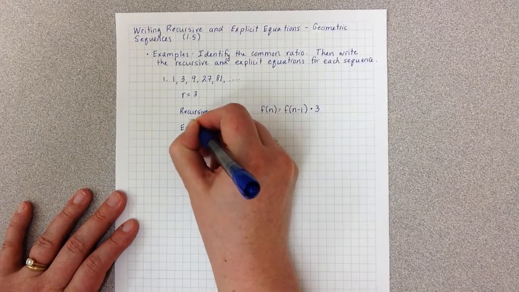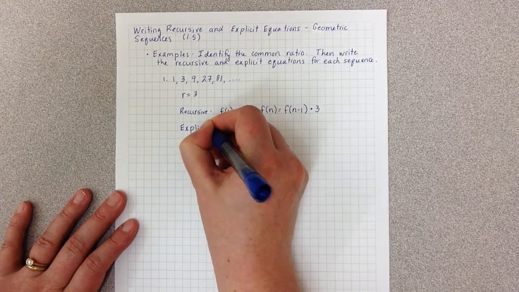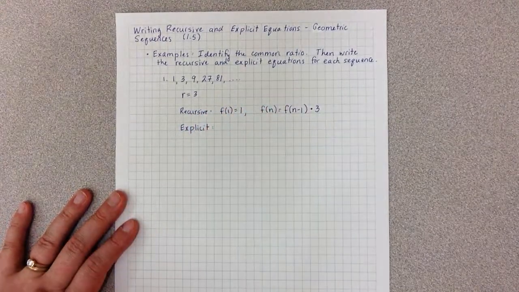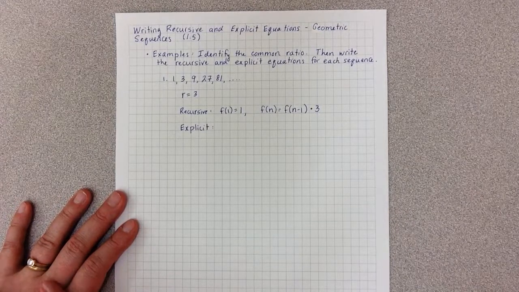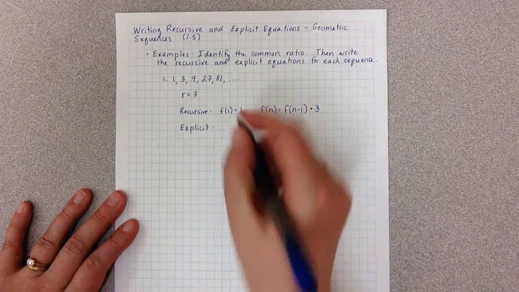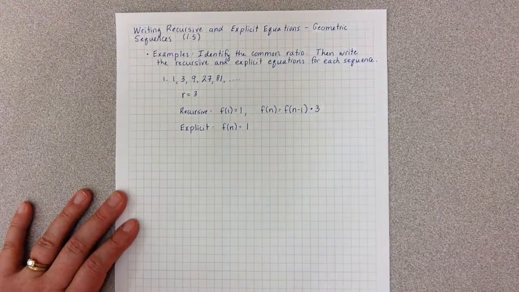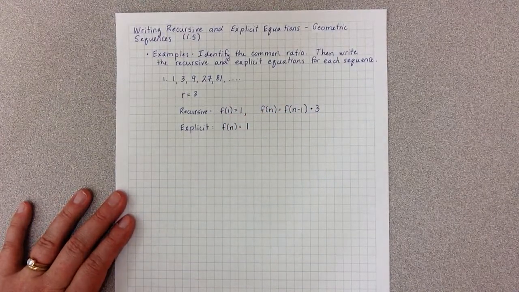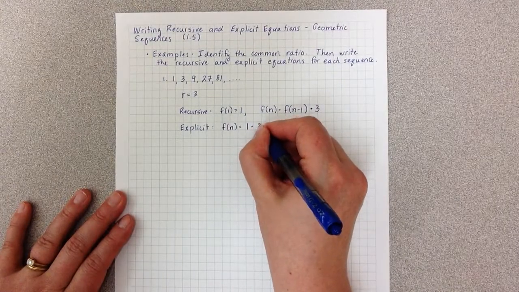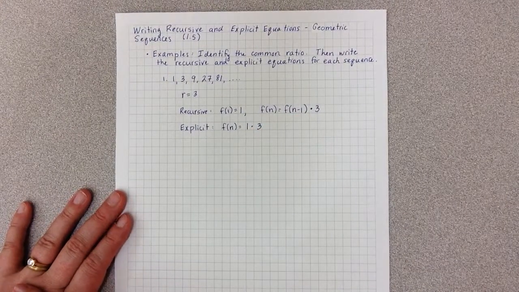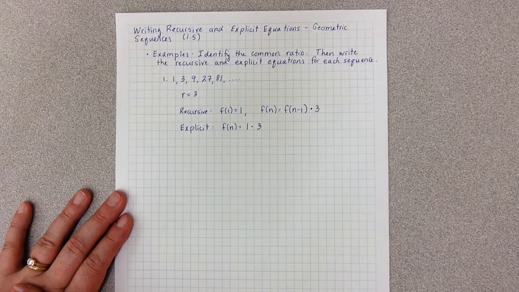The explicit. Now the explicit, again, you can write in two different ways. The first way is you can say, well, I'm starting at 1. And then I'm multiplying by 3 over and over and over again. Multiplying by 3 over and over again is the same as having a power.